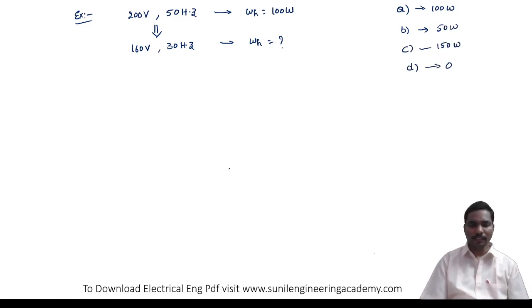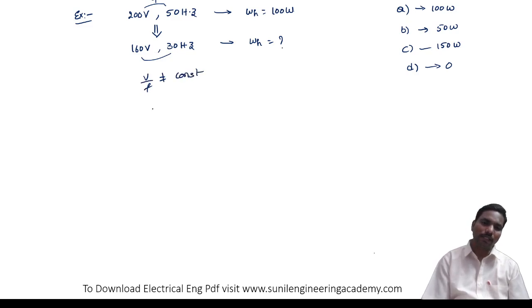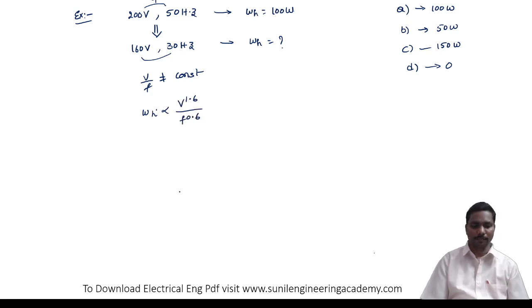Here 200 by 50 is 4, and 160 by 30 is 5 point something. So V by F is not constant at all. Then WH is proportional to V power 1.6 by F power 0.6.